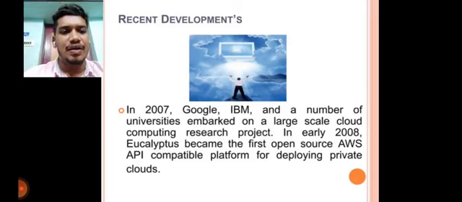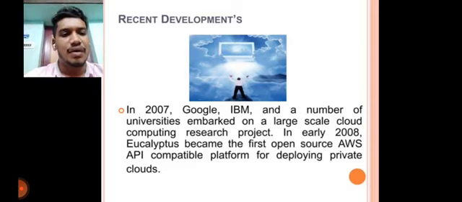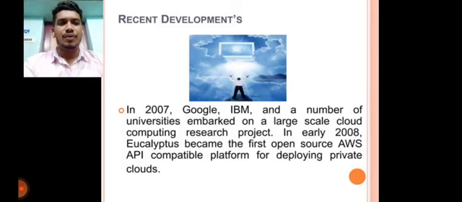In 2007, Google, IBM and a number of universities embraced a large-scale cloud computing research project. In early 2008, Eucalyptus became the first open source AWS API compatible platform for deploying private clouds. These are the recent developments of cloud computing.